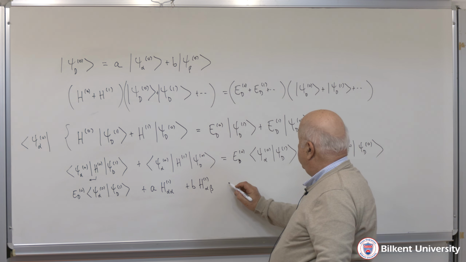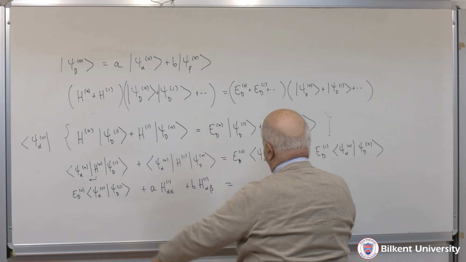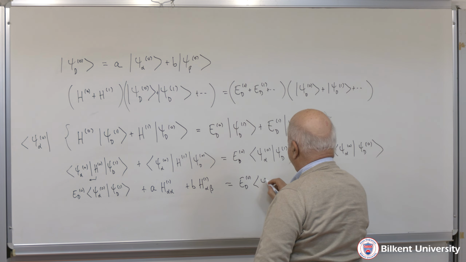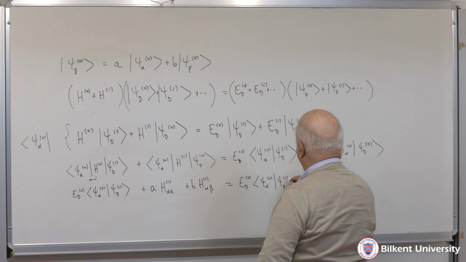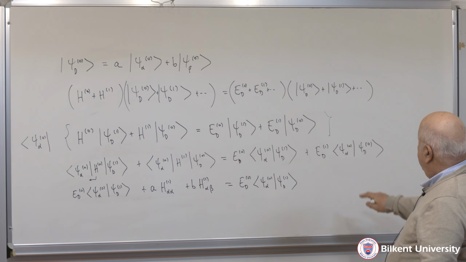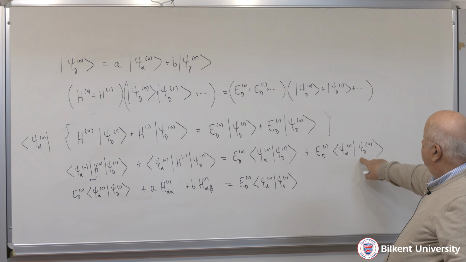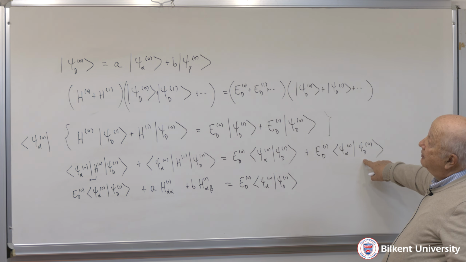And then I have here a term which is exactly the same as that, so I'll just keep it there because that's just going to cancel: psi alpha 0, psi d1. And then this is what? Inner product of psi alpha 0 with psi d0.